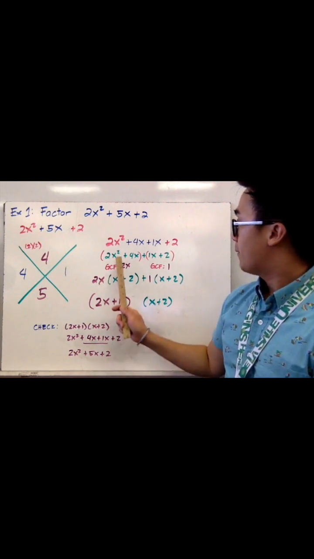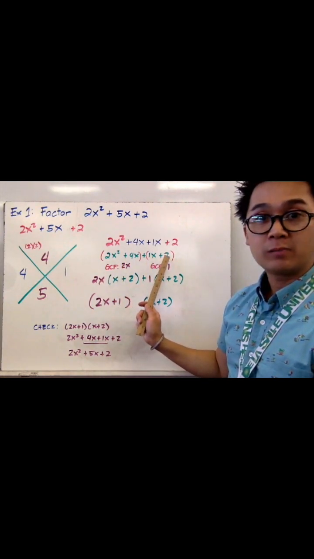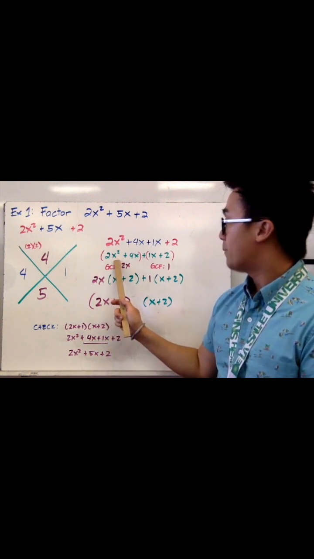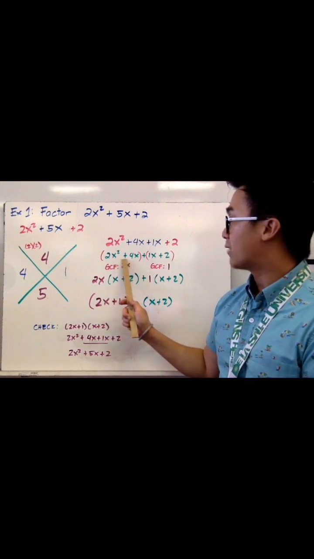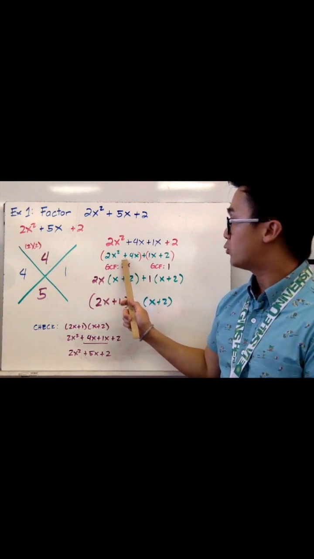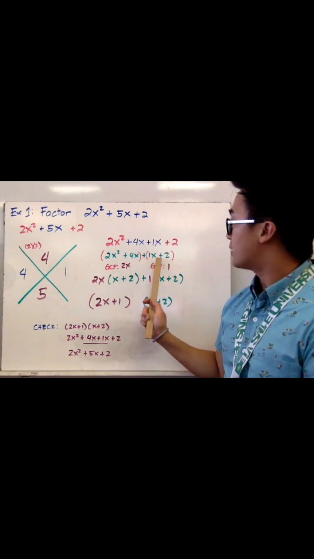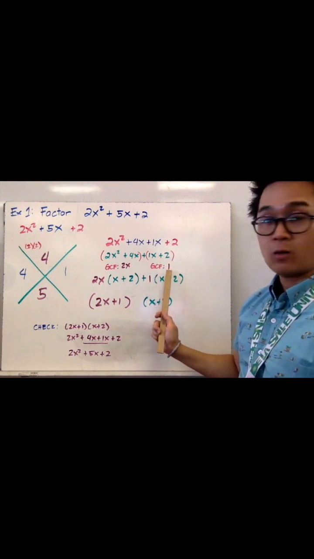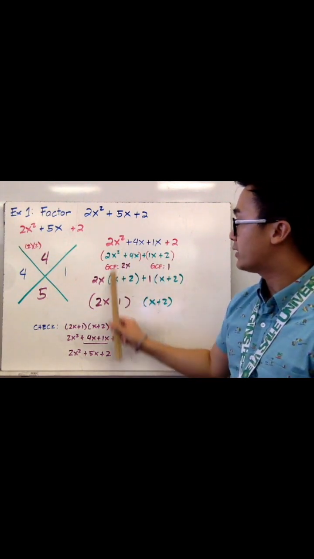In this technique, we're now going to use our GCF. We can factor out from 2x squared and 4x, and the greatest common factor for these two terms will be 2x. And for the second group, our GCF will just be 1. Now let's concentrate on the first group.